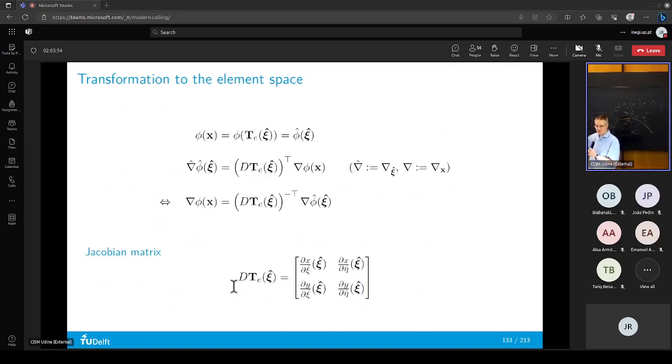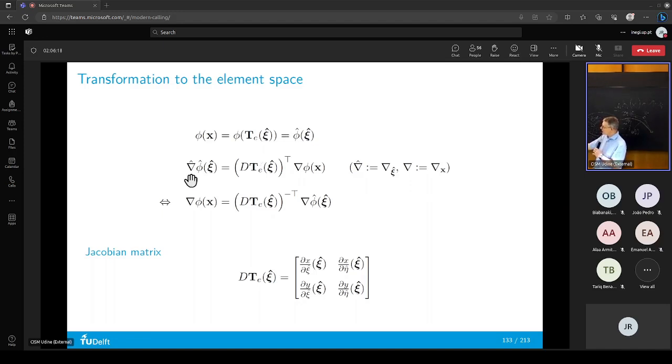I think you have seen this all in FEM classes, but just to recap: if we have a basis function represented in terms of the physical coordinates, here we swap in the push forward. With hats, I represent objects living in the reference space, as opposed to the physical one.